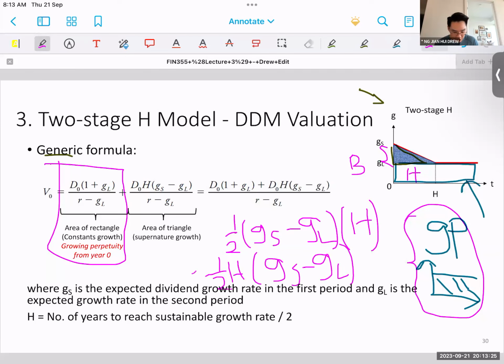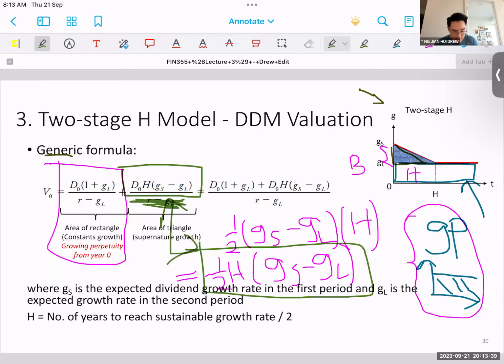I just shifted the H. Now I want you to compare. Let's ignore this, I'll just cancel this out, and look at the top here. Can we compare this and this? It looks quite similar, right? Can you see that GS minus GL, GS minus GL? And remember what is H?